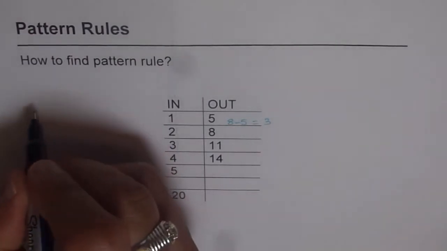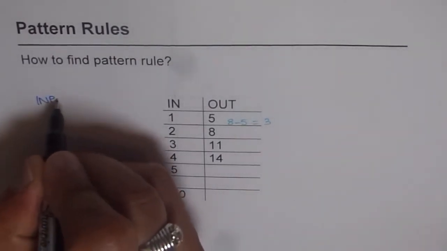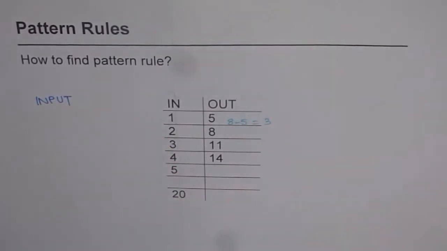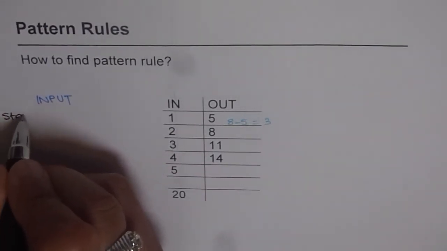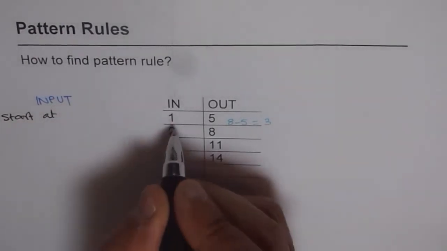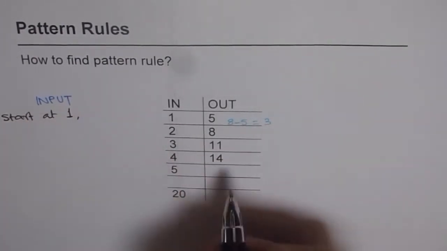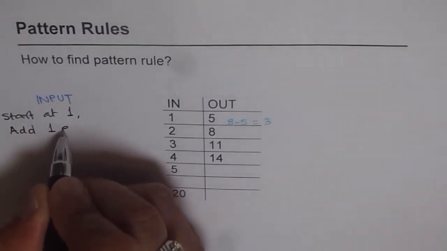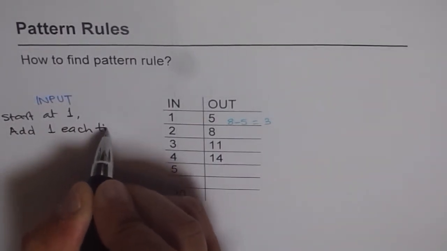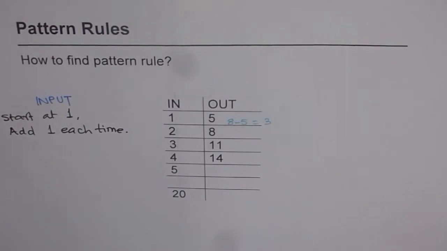So input pattern is what? Let's write it down. For input, it seems that the pattern is start at 1, right? That's the starting number. And then what do we do? Add 1 each time. So that's the pattern rule for all the inputs.